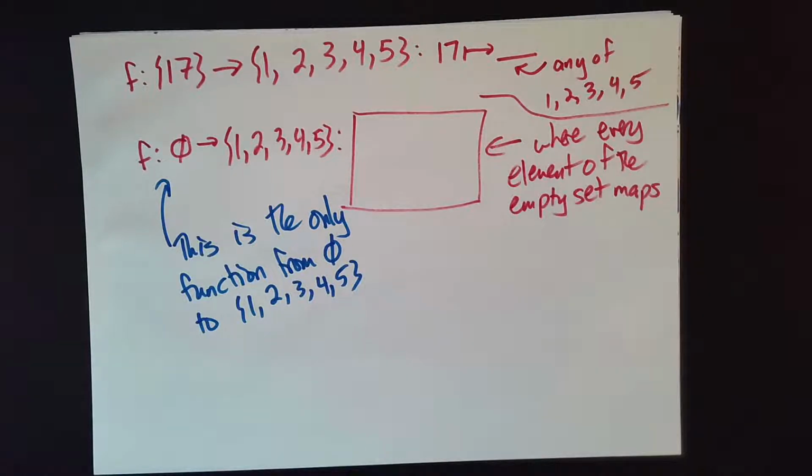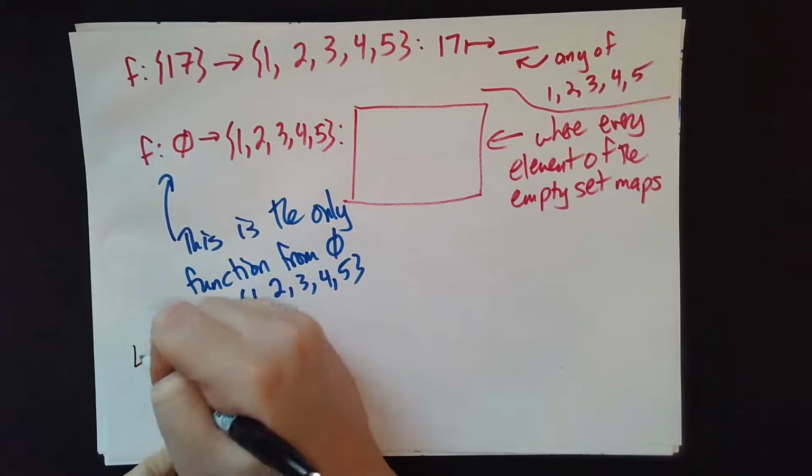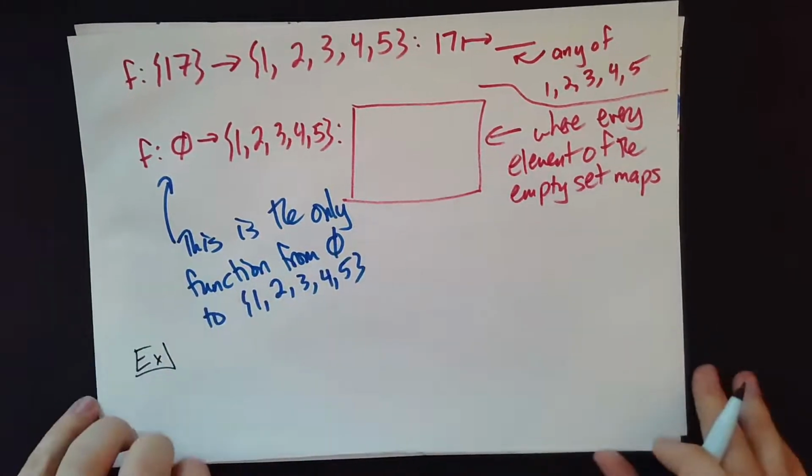Someone asks if it is possible for the Cartesian product to be the codomain of a function. And absolutely, the codomain of a function can be a Cartesian product. So here's an example of a function where the codomain is the Cartesian product of something.